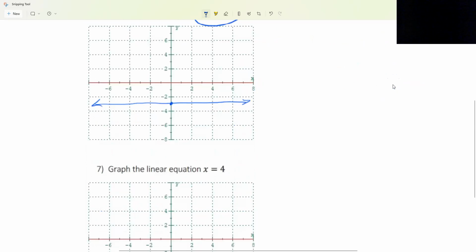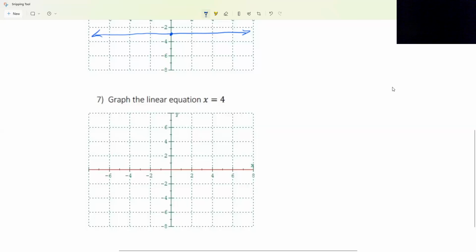That's the x-intercept, and we draw the line right through it. You don't have a y-intercept with a vertical line because it's not crossing the y-axis.